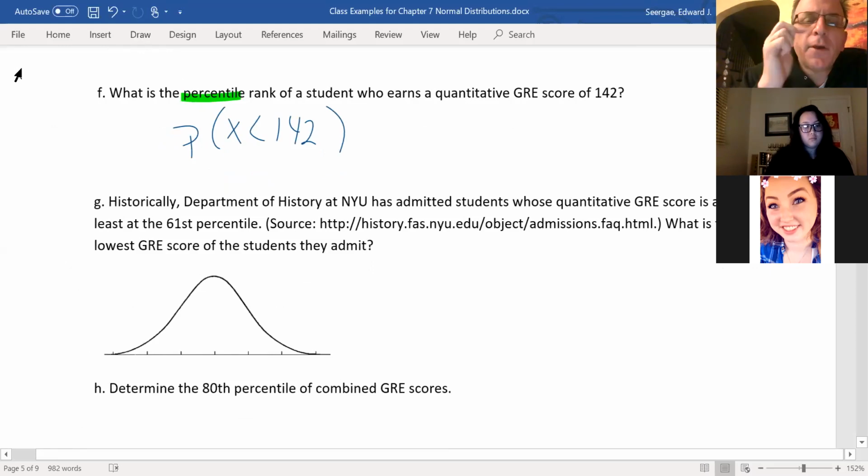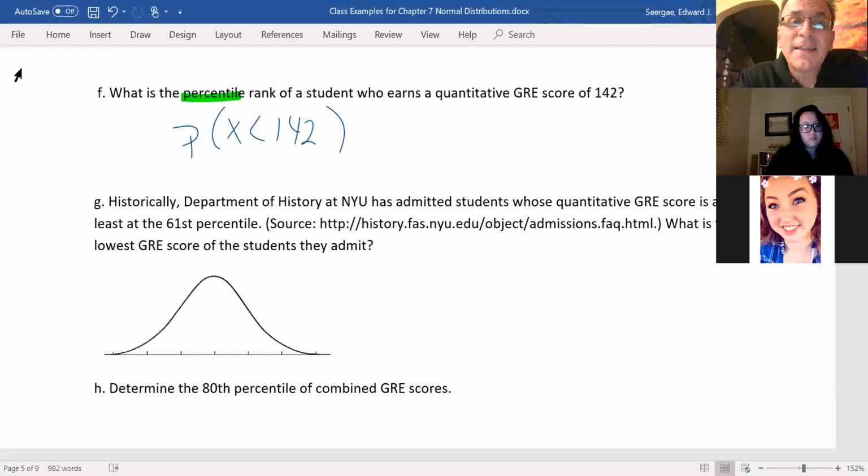Historically, the Department of History at NYU admitted students whose quantitative GRE scores were at least the 64th percentile. What is the lowest GRE score of the student that they admit? What's the lowest score that you can get and still be admitted to NYU's history? Okay? So we're going to give you the percentage and you have to find the score that matches.